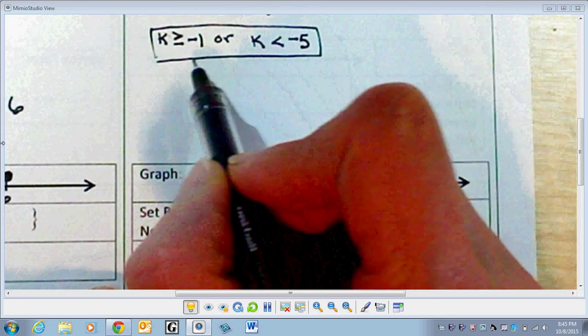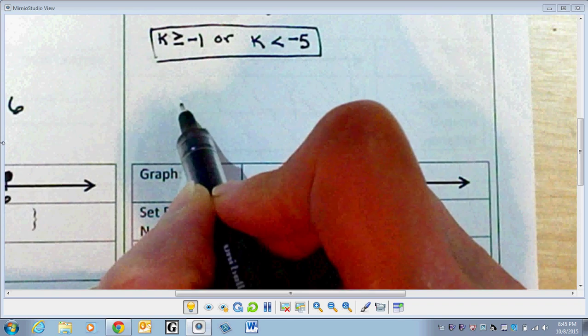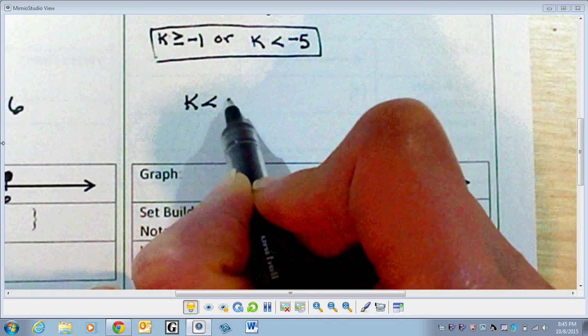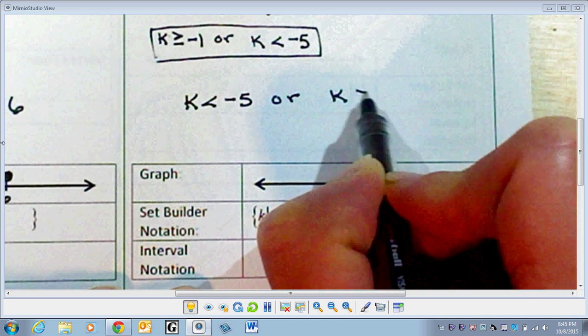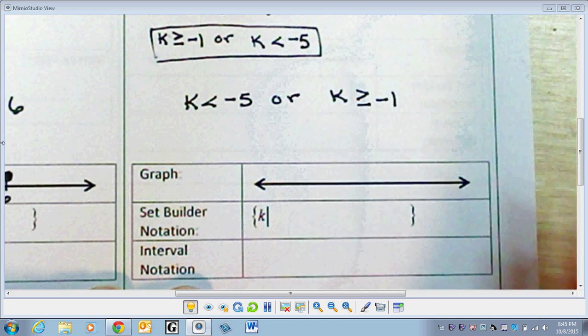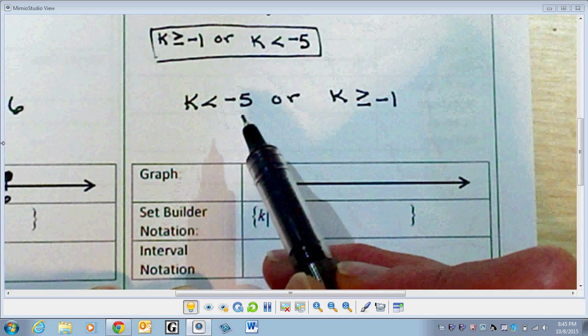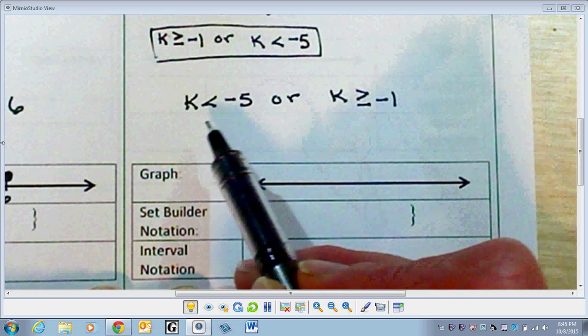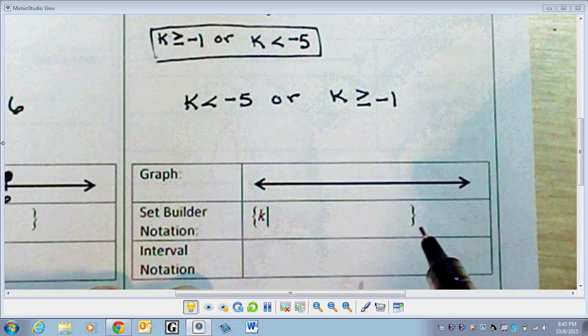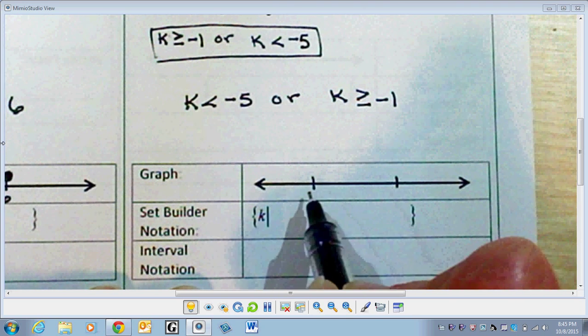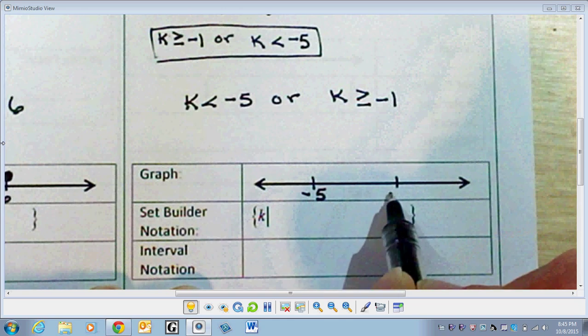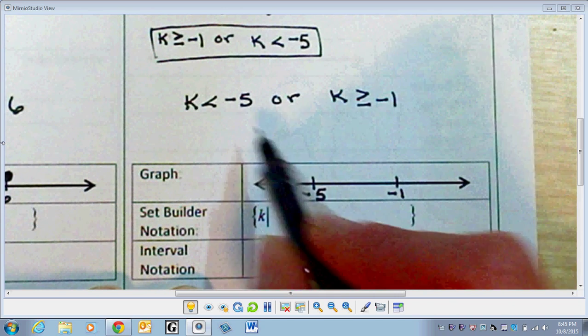The other thing is let's look at this in number line order. So k is less than -5, or k is greater than or equal to -1. Because -5 is smaller than -1, I put this inequality on the left. So when I go to graph it, -5 is on the left, -1 is on the right.